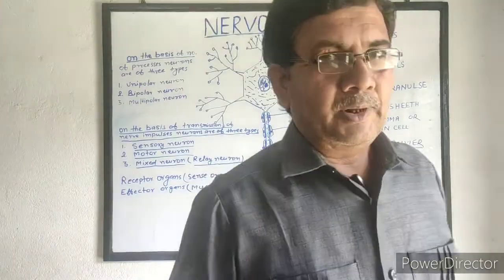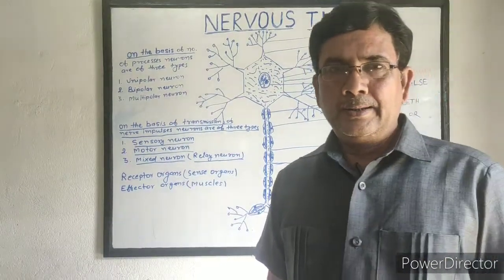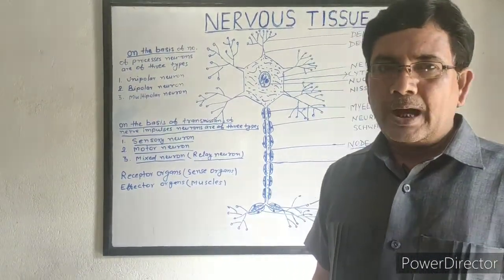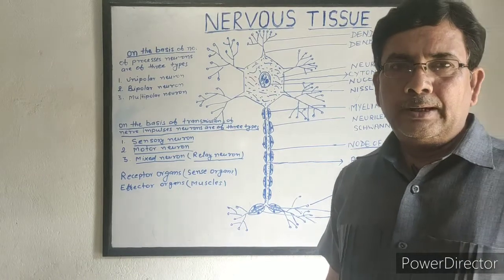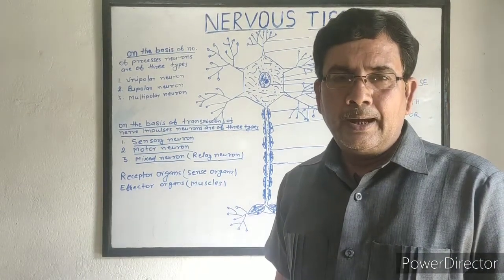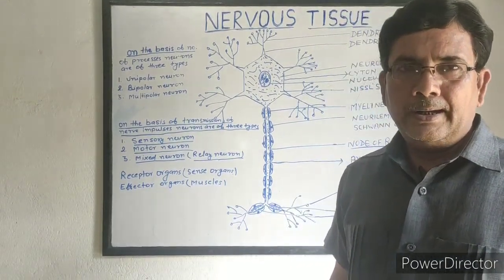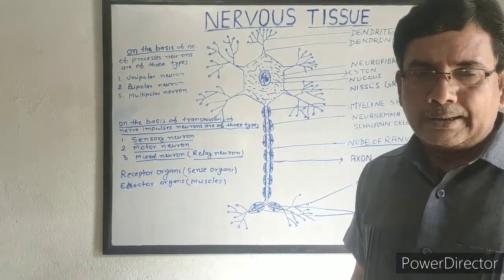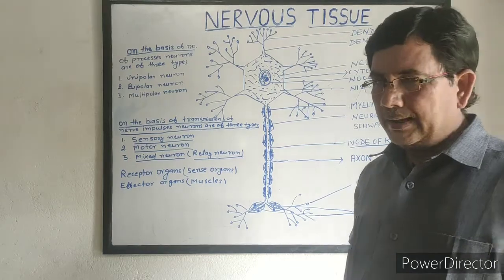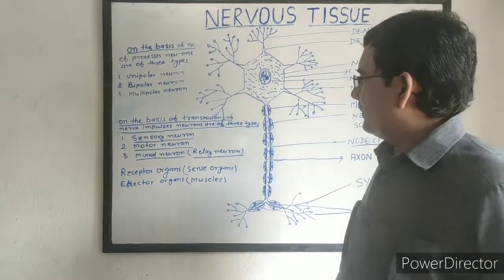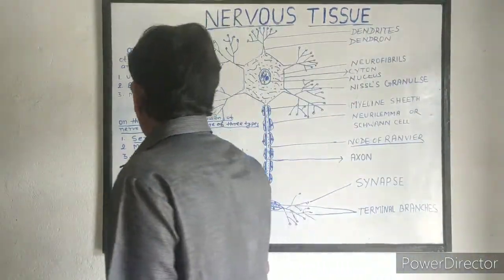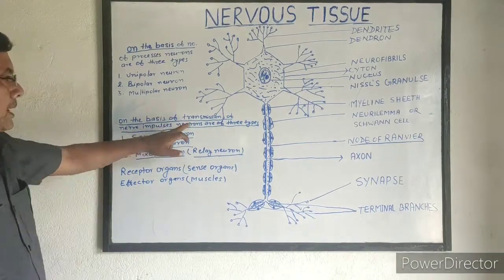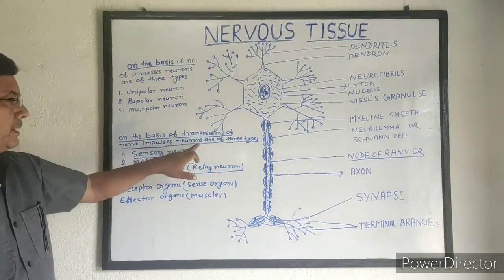Now how the neuron receives the stimuli, how it transmits them to the brain or spinal cord, and how the order is transmitted to the effector organ, we study in detail on the basis of transmission of nerve impulses.